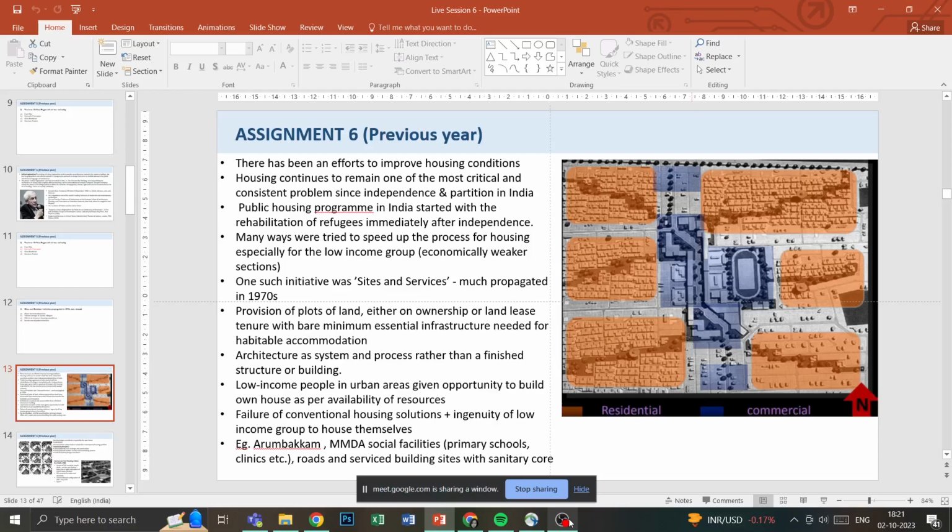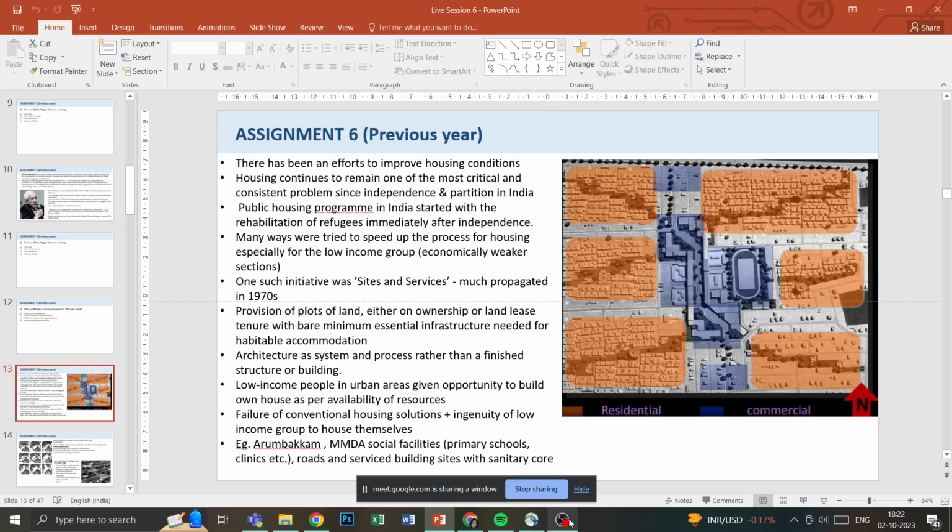This was introduced because the conventional housing solutions were a failure. In many cases, when houses were built and then given to the urban poor and low income group people, it was a failure in a lot of terms. In a lot of cases, they would take the house from the government, but then they would lease it out again and go back to living in the conditions they were used to living in.